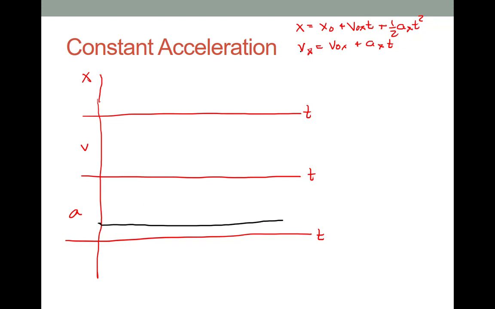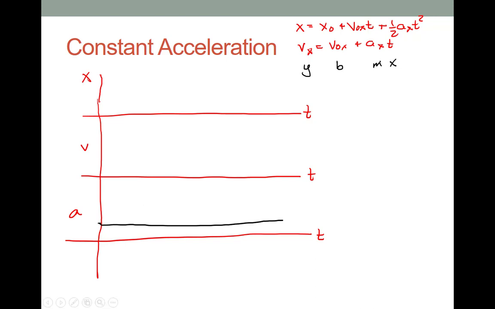So if we look at the velocity equation, if you will, we are again dealing with a line. The y-axis is vx, v naught x is our y-intercept, a sub x is the slope, and t is t. Yes, t is t. T is on the x-axis.